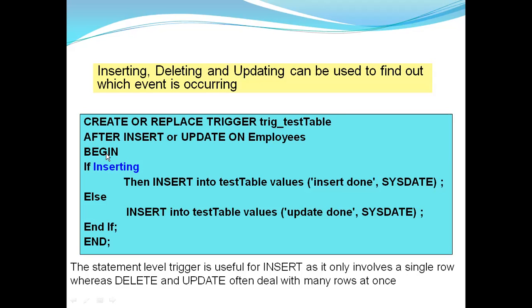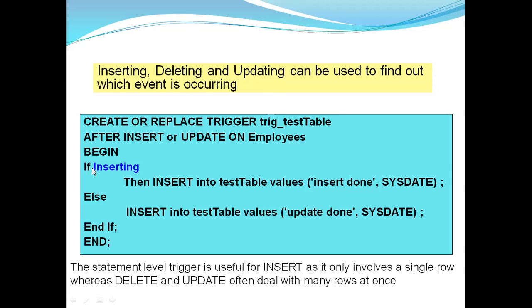Then begin. Now you have a special keyword called inserting. So if inserting, then what you have to do? Because you have mentioned two things here, insert or update. Correct? So you don't want the same action for both. So if you want to define the action, you can choose these keywords: deleting, inserting, and updating.